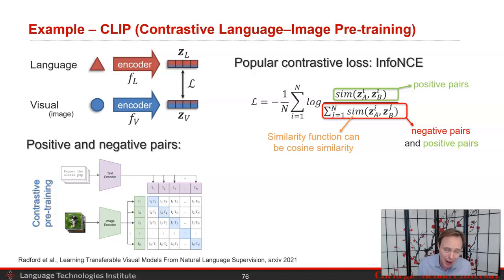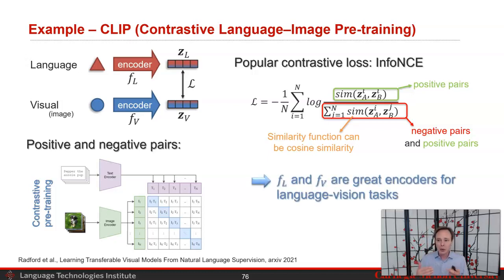So CLIP gave great results. We'll see it later when we look at translation, DALL-E and other things. But those two embeddings are great now. If you're going to do any task where there is multimodal interaction and it's very descriptive in nature, like language is descriptive of the image, these are really great embeddings to take.